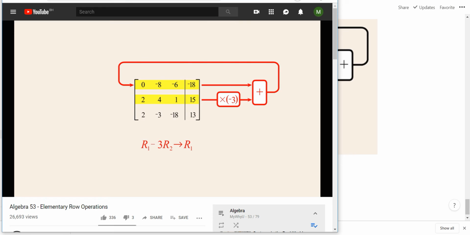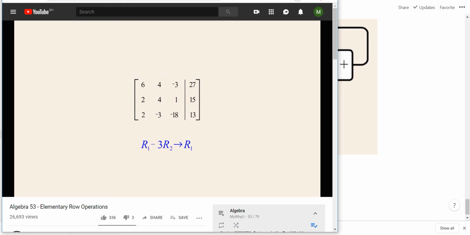So let's perform this pivot operation. We start by multiplying row 2 by -3, and add that multiple of row 2 to row 1, replacing row 1 with the result.